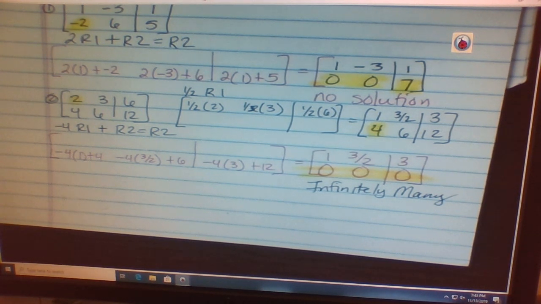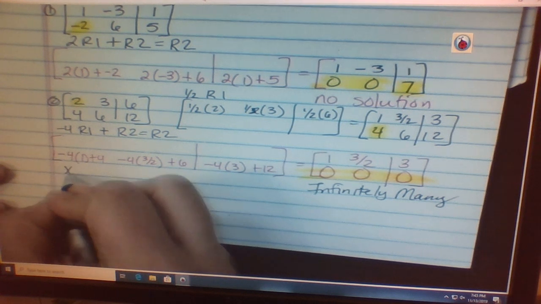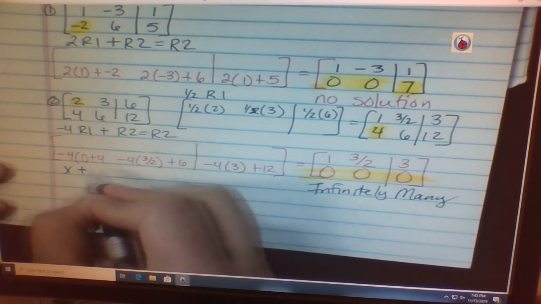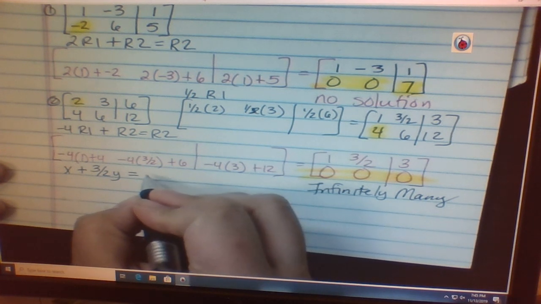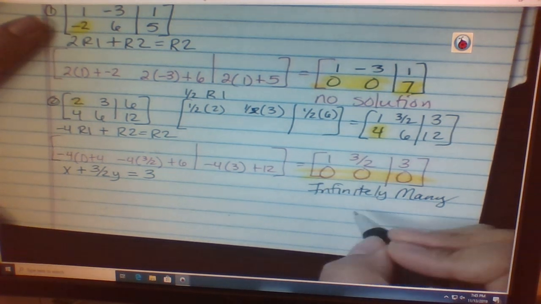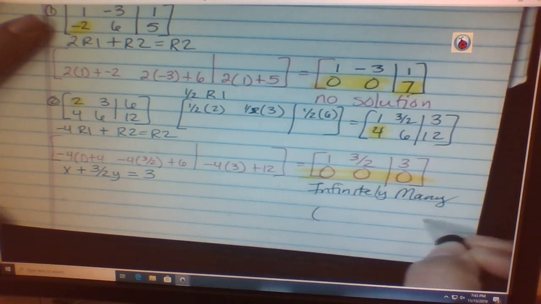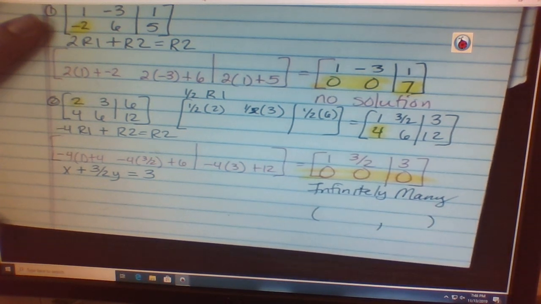Now, what do you have to do? I know that my equation on top is x plus 3/2 y equals 3. Because when you have an answer, your answer consists of x and y, correct?